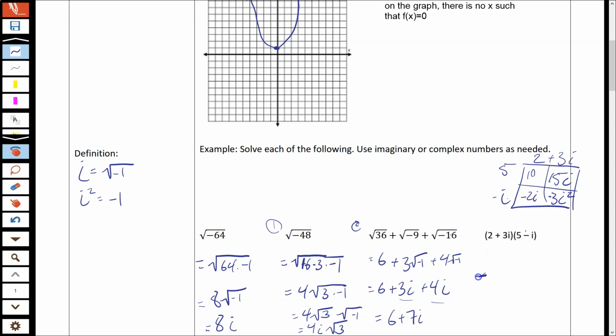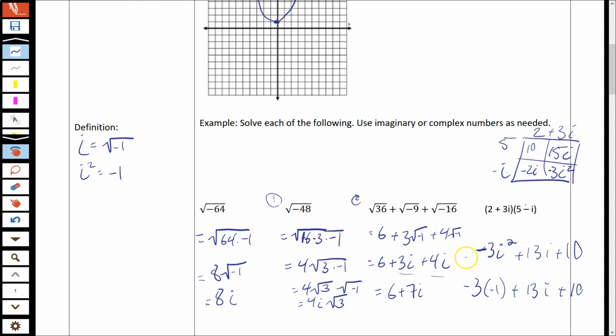Okay, let me write that out, and then this actually has an interesting result. So negative 3i squared, and then I combine like terms for 13i, and then plus 10. Remember, i squared now is negative 1, so I'm going to plug that in for i squared. And notice I actually get a real number when I square i. So positive 3, and then I can combine that with my 10.